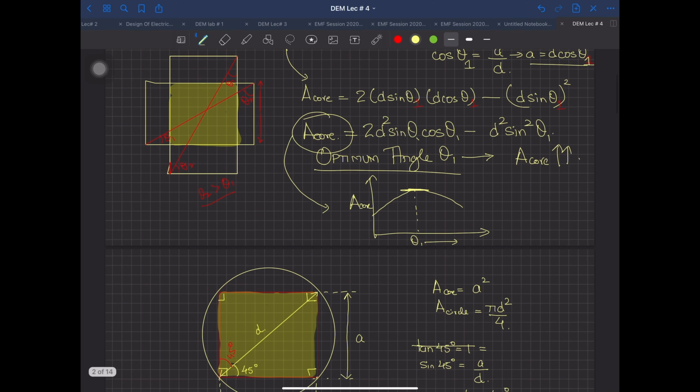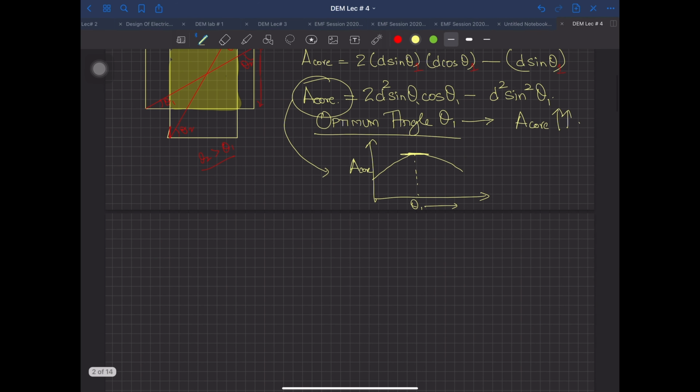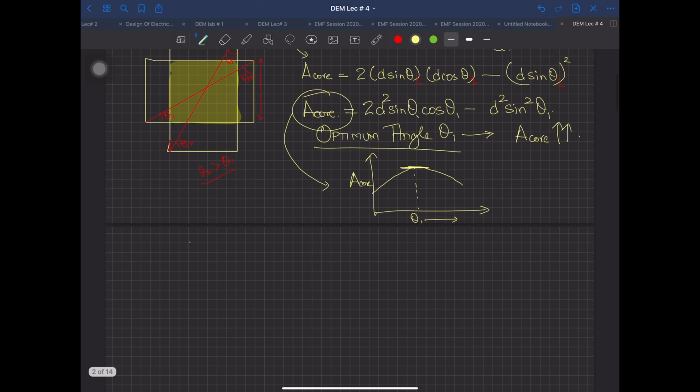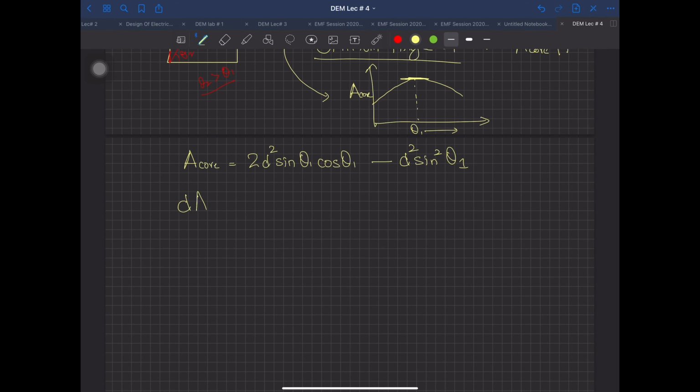Let me write it down: A core is equal to 2d square sine theta 1 cos theta 1 minus d square sine square theta 1. So I have to take the derivative with respect to theta 1.